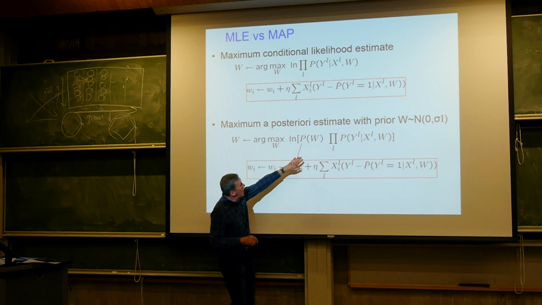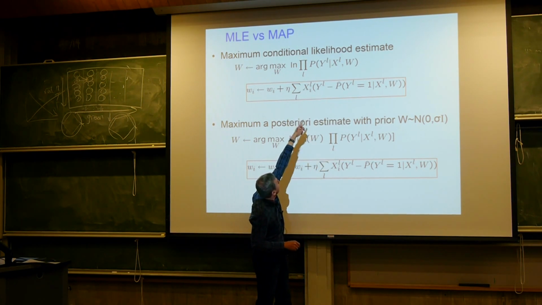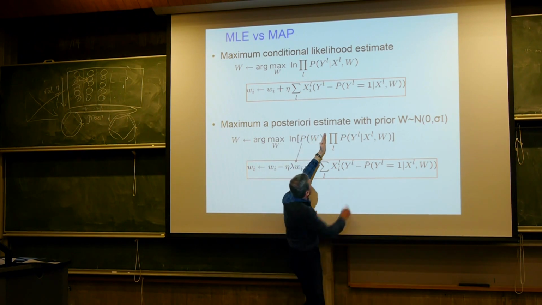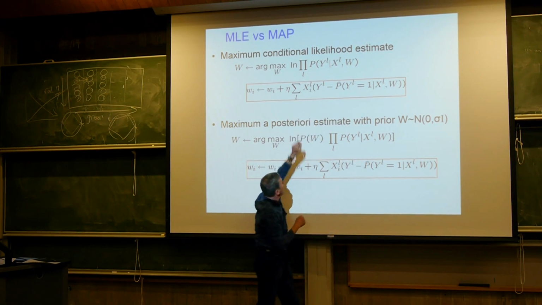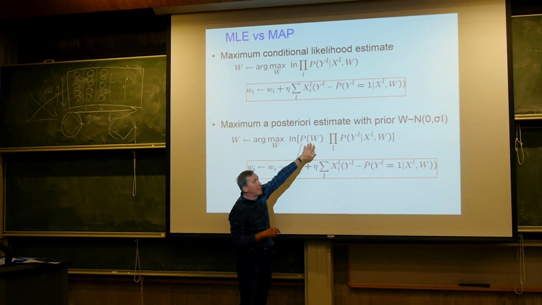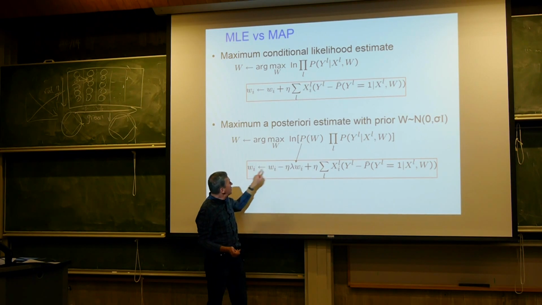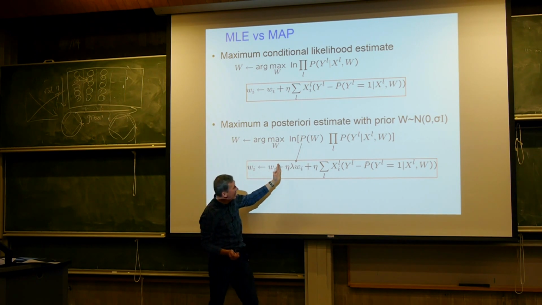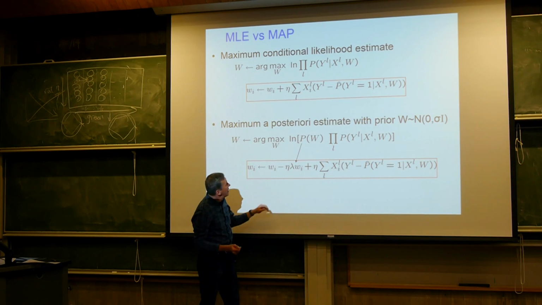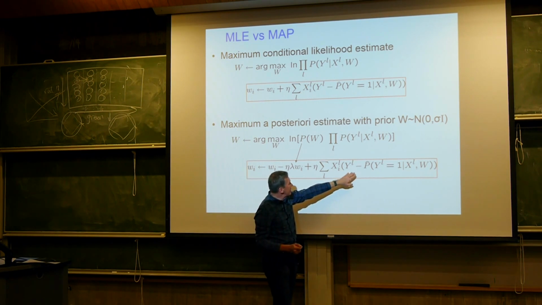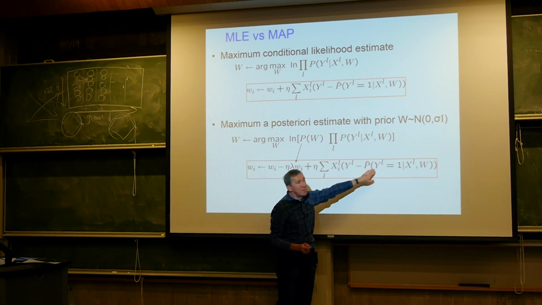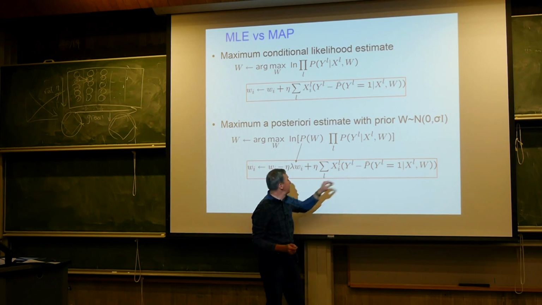And then it turns out, well, the derivation of the gradient ascent rule when we just worried about this quantity is up there. When we add in the prior, that gives us one more term. It's a very simple term. Every time we do a gradient step to update our estimate of wi, given the old estimate of wi, we add in this quantity. And again, this quantity is just the misallocated probability mass according to our prediction.